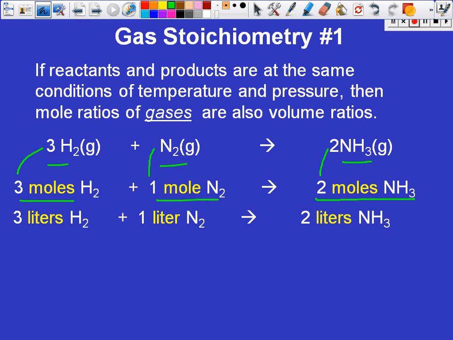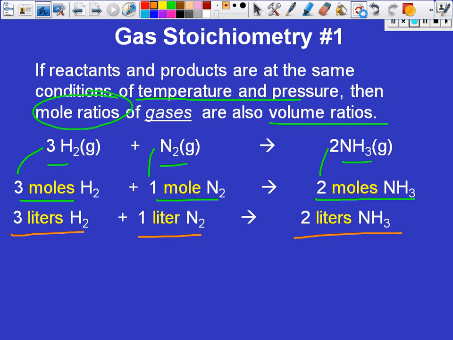So read it now one more time. If the reactants and products are at the same temperature and pressure, then their mole ratios are also volume ratios. So essentially what we're saying is that 3 moles of hydrogen gas will take up 3 liters, the 1 mole of nitrogen will take up 1 liter, and the 2 moles of ammonia will take up 2 liters. That's essentially how we're relating this.